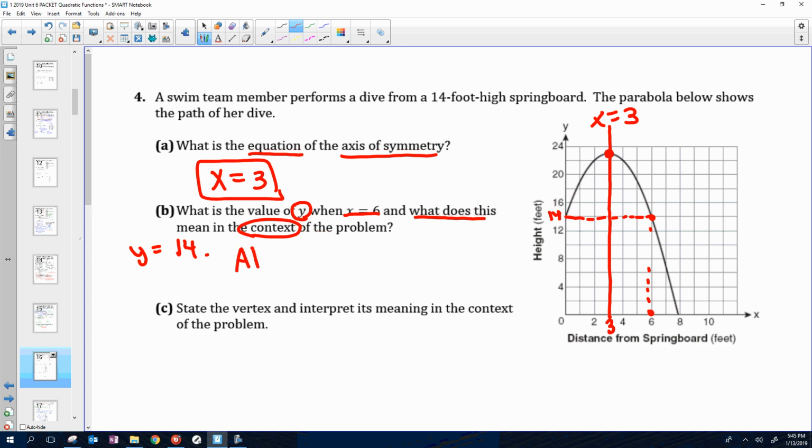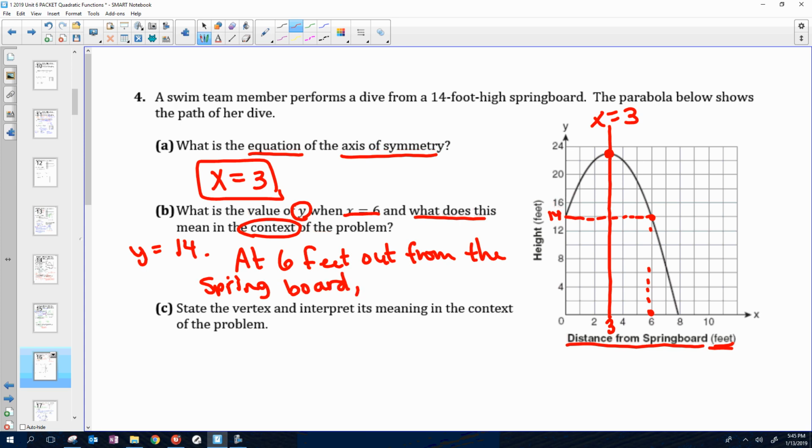It tells me that at 6 feet out from the springboard, the diver is 14 feet high. I used all the good words from the graph.